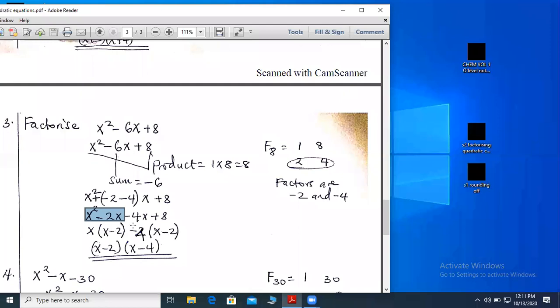Since you have factorized out negative 4, and this is positive, then this one should be a negative, such that negative times negative is positive. So what you have at first should always be equal to what you have the second time. And x minus 2 becomes a common factor. It is here and it is there. So the answer becomes x minus 2, which is common, into x minus 4. Like that.